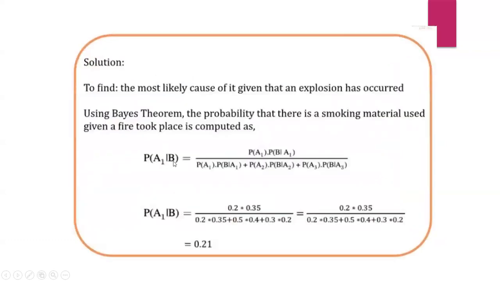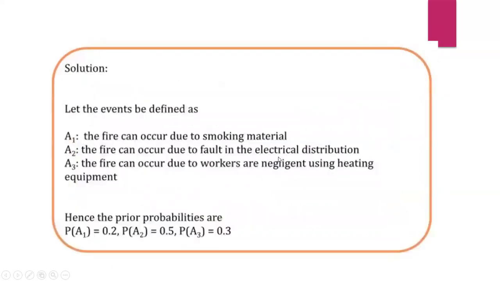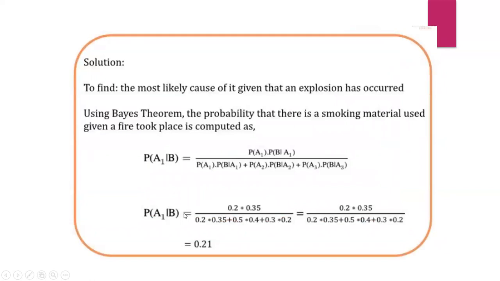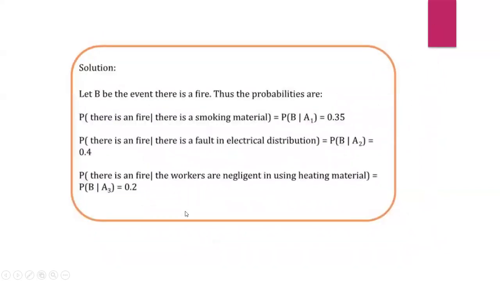So P of A1 given B is equal to, you can see, the probability of A1 times the probability of B given A1. Have we written the same? Exactly this into this given this, right? Divided by the summation of all. The same is applicable here.